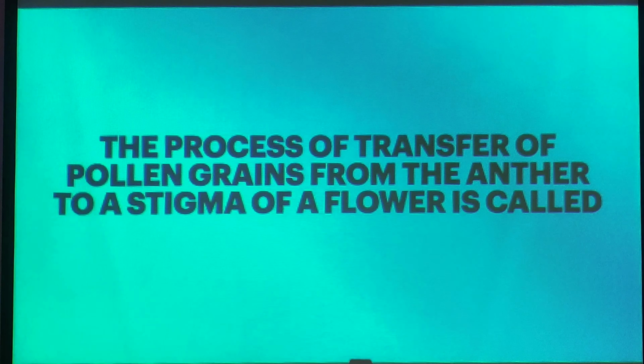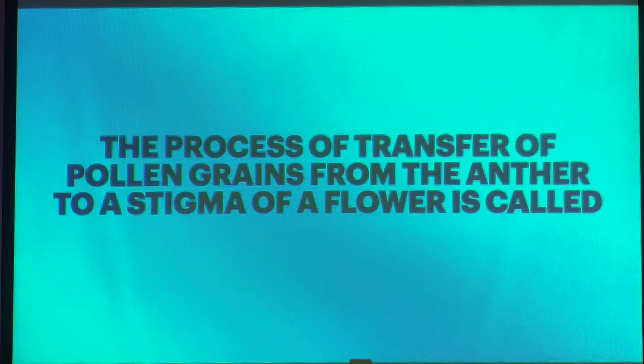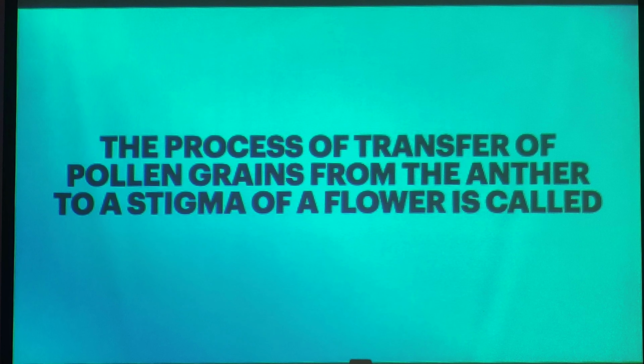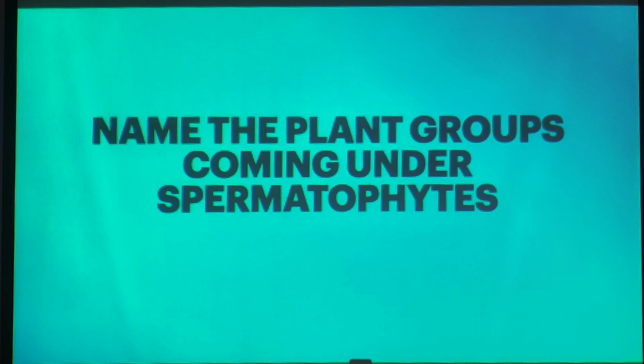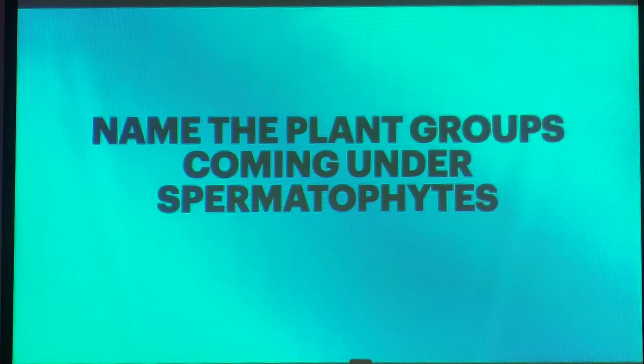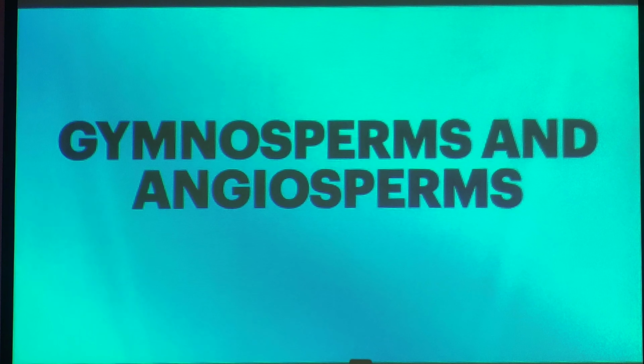Filiform apparatus. The process of transfer of pollen grains from anther to a stigma of a flower is called pollination. Name the plant groups coming under spermatophytes. Gymnosperms and angiosperms.